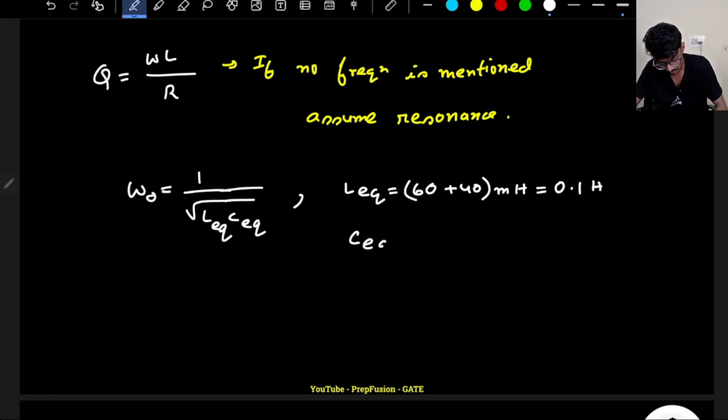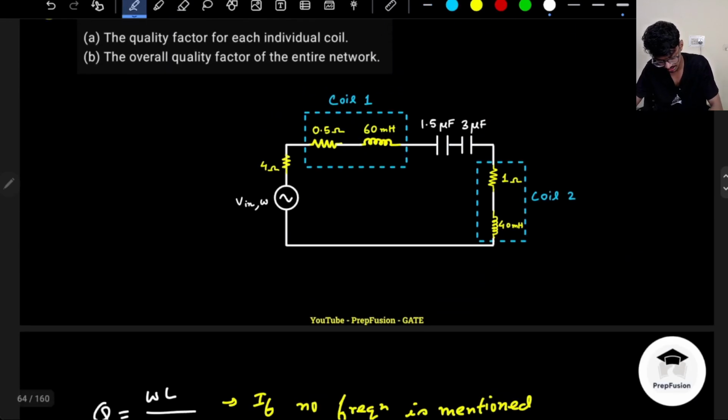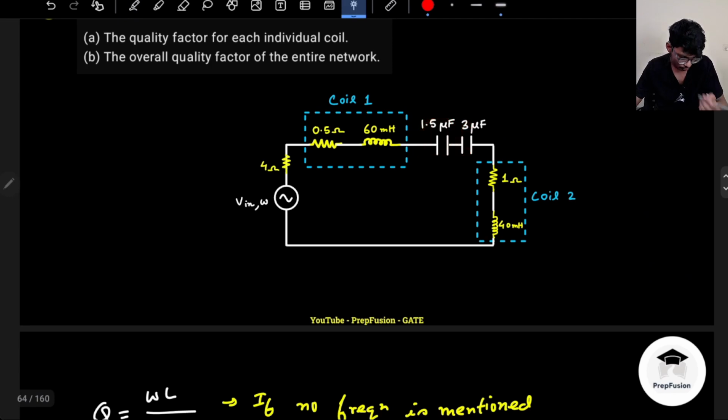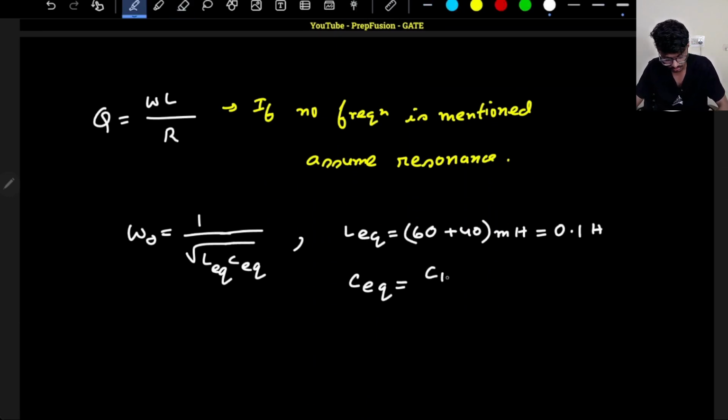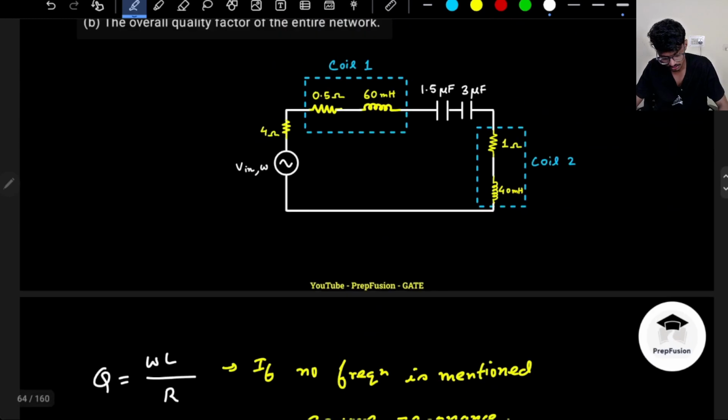For C equivalent, these two are basically in series, correct? If capacitors are in series, it is C1 C2 divided by C1 plus C2.